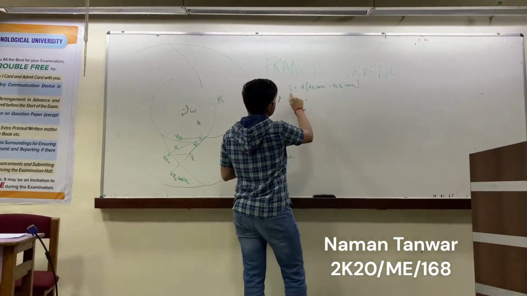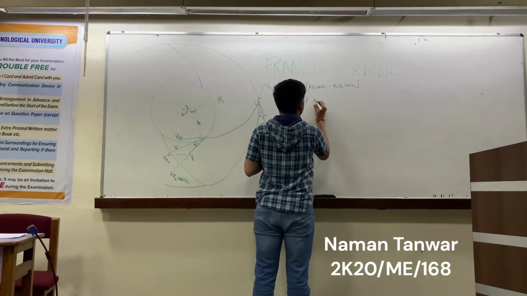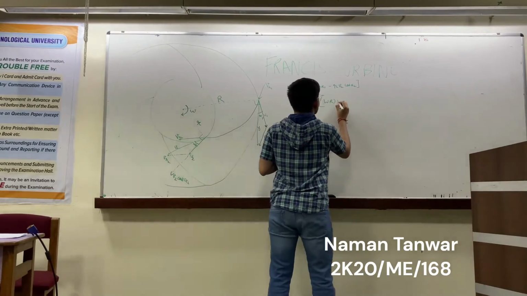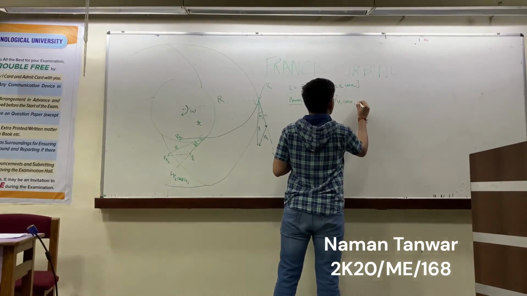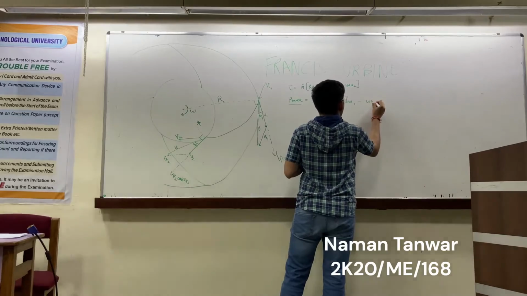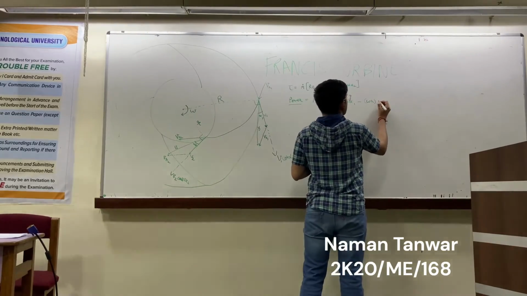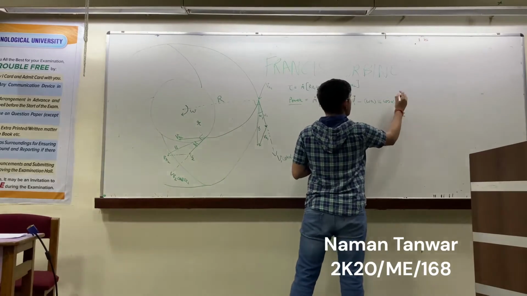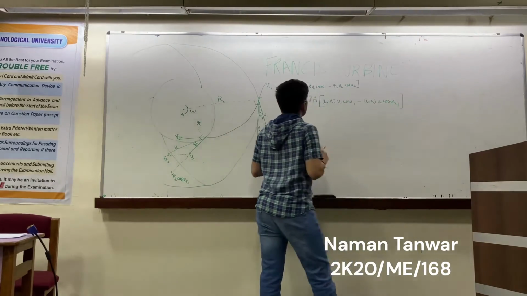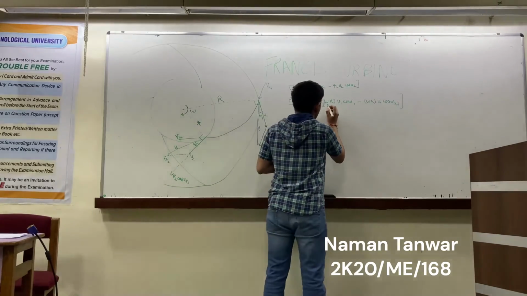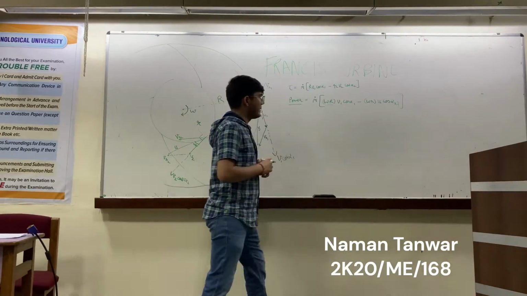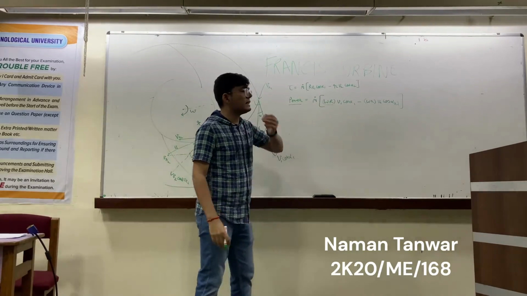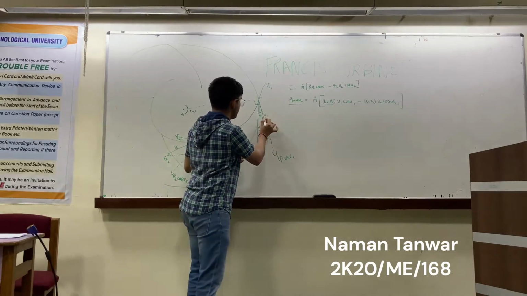If we multiply this with omega, we'll get an expression like omega r v1 cos alpha 1 minus omega r small r v2 cos alpha 2. Now we can write what is omega capital R. Omega into capital R is nothing but the blade velocity u.